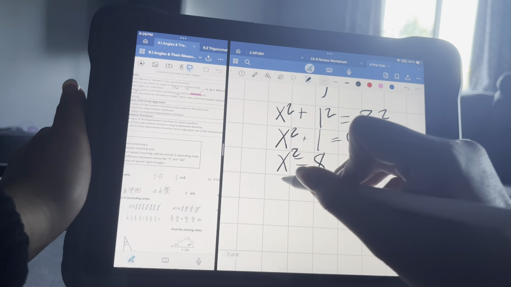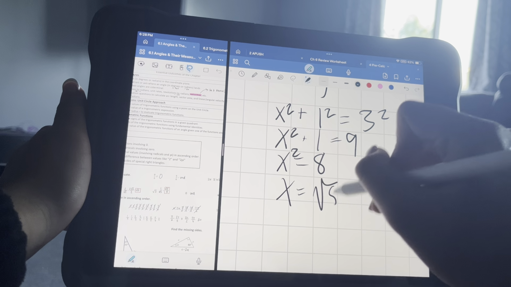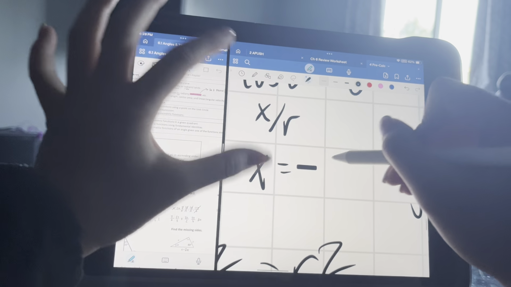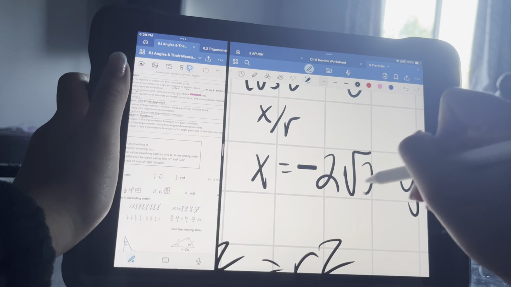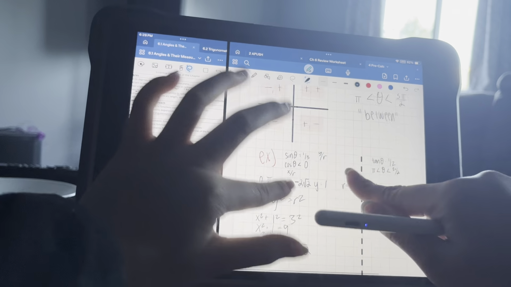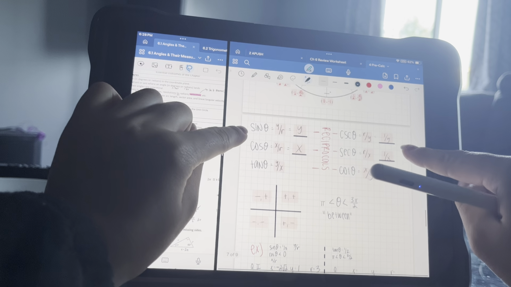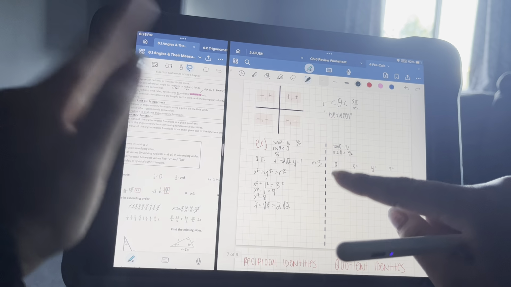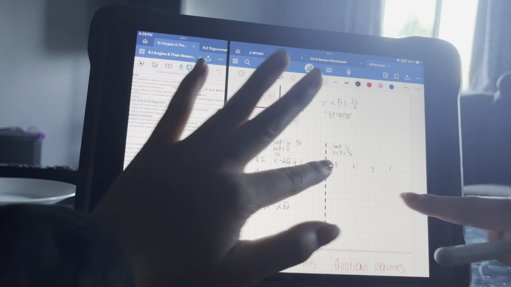If we square root both sides, x equals square root 8, which equals 2 root 2. So your x is going to be negative 2 root 2. And then from there, you can use these functions to figure out your sine, cosine, tangent, all of your ratios.